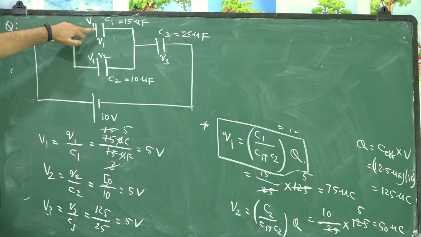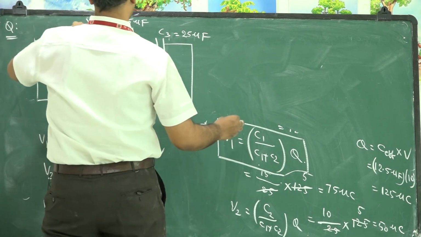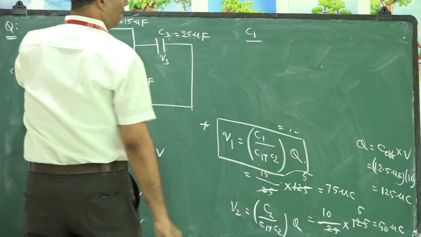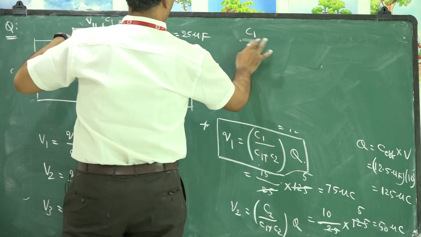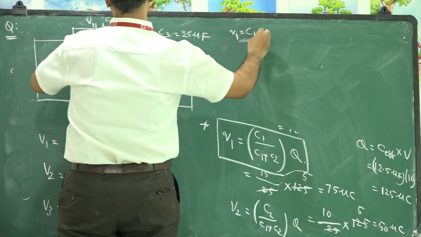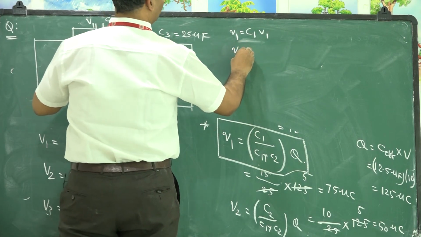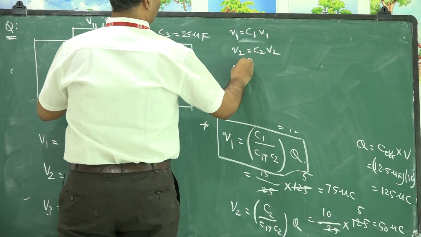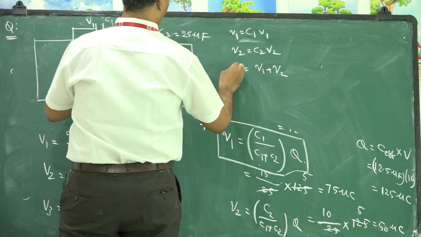You know that both are having the same potential. The charge on the first capacitor Q1 is equal to C1 V1. The charge on the second capacitor Q2 is equal to C2 V2. Total charge is equal to Q1 plus Q2, nothing but capital Q, nothing but Q3.